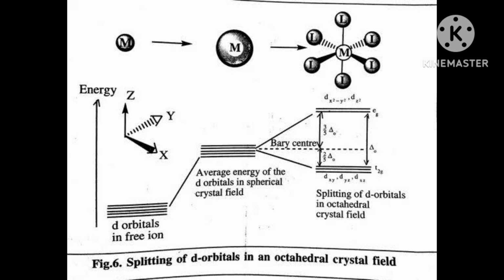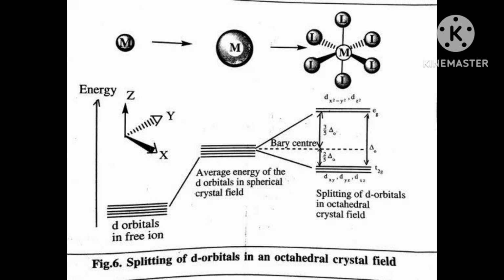Then I will come to the splitting in octahedral coordination complex. Again I am repeating, the spectrochemical series is arranged in the order of increasing field strength. Every ligand has field strength.